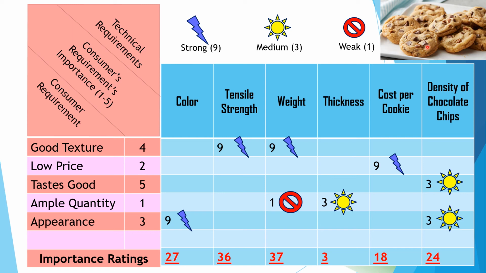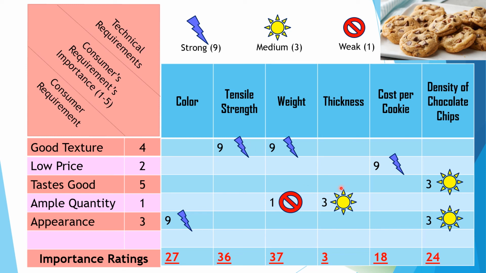So over here are the technical requirements, which are the color, the tensile strength, the weight, the thickness, the cost per cookie, and the density of chocolate chips. So let's take an example. This symbol over here is strong, this is medium, and this is weak. We can see the good texture and the tensile strength have a strong relationship, so we've given a number 9 to it.